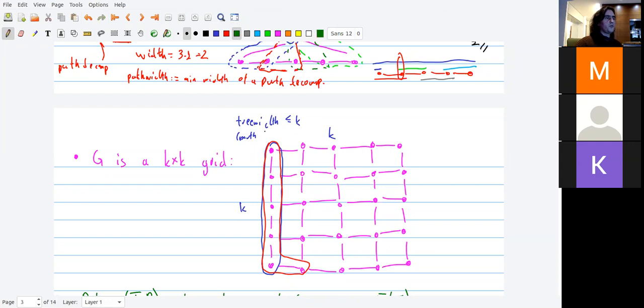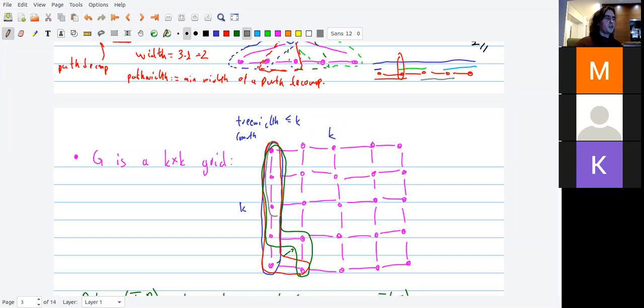And then what I can do is jump from here to here, sort of abandon this vertex because I already processed it, and now make a bag consisting of those vertices.